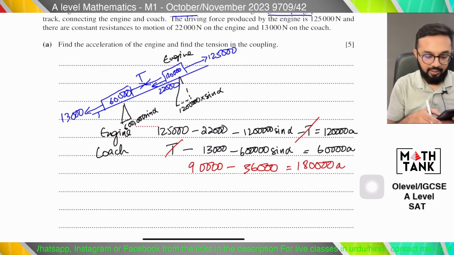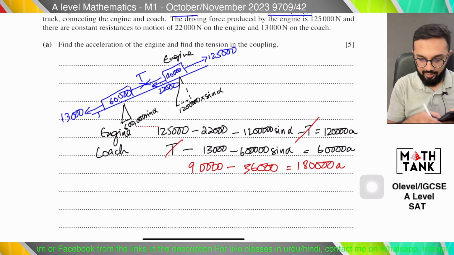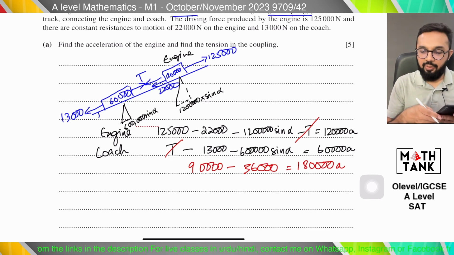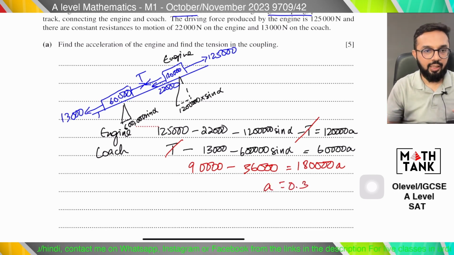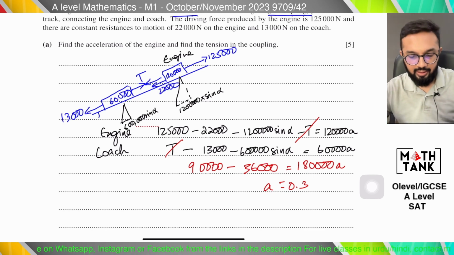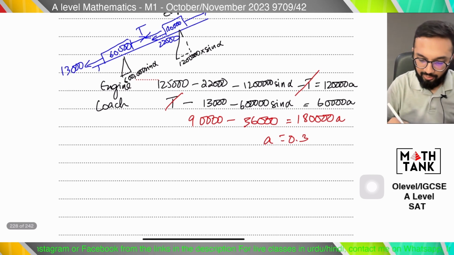Very big numbers, you could ignore the thousands and then work with it as well, but I've already written it down, so I'm just going to stick to that. So the acceleration comes out as 0.3. That's the correct answer. I also want the tension, so I'm going to write this again.